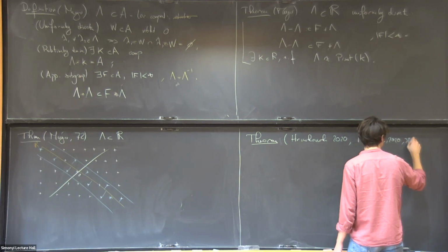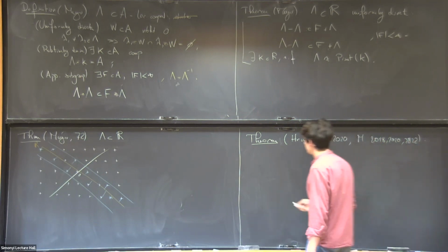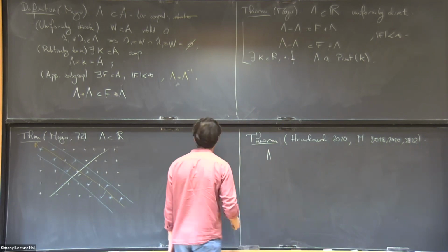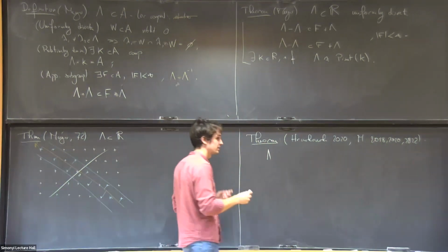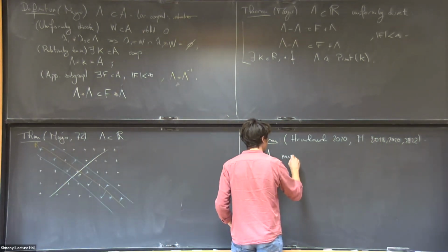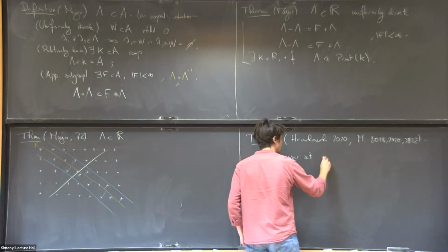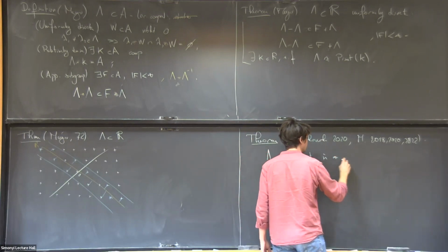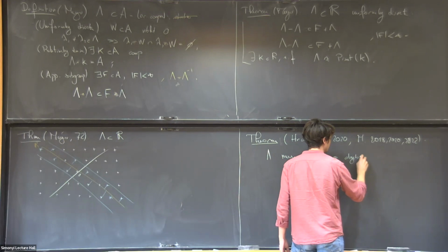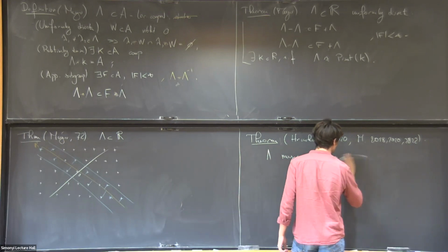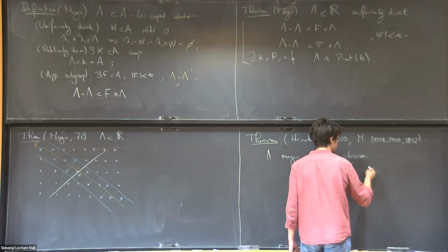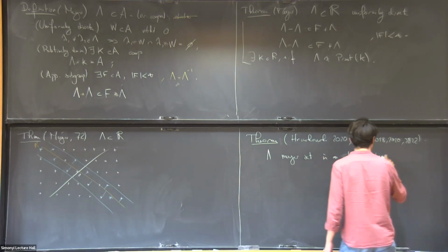And 2022, which says the following: if you have lambda, my non-commutative Meyer set in an algebraic group, in a linear algebraic group. So I want it to be linear. Why are you calling it sum product?